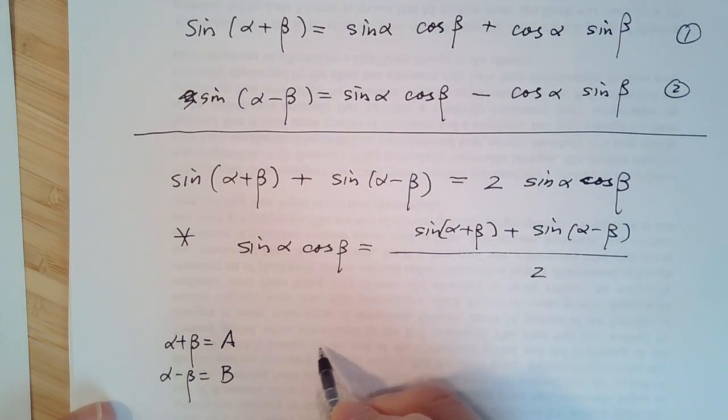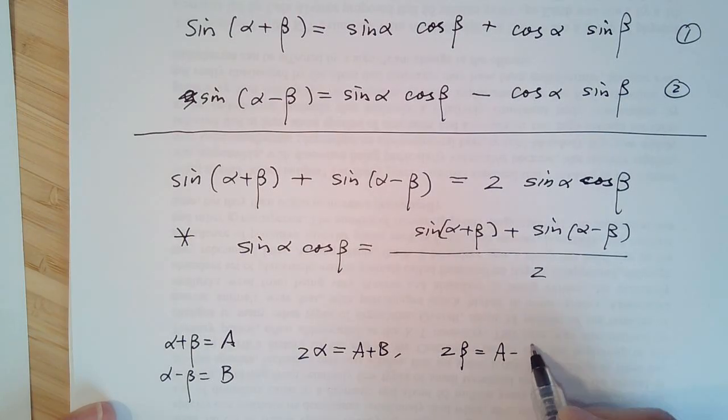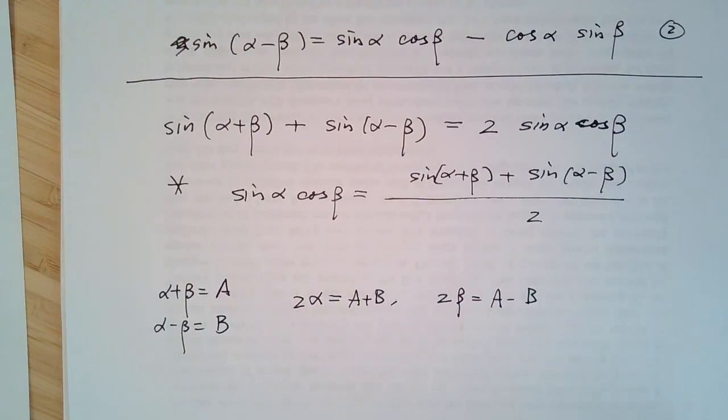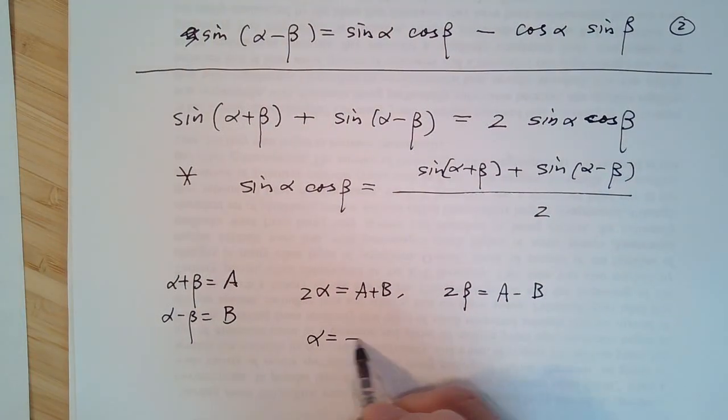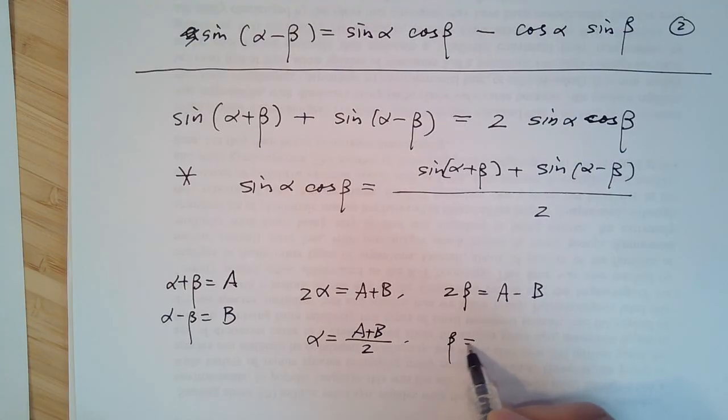So when I add this up, my 2 alpha equals A plus B, and my 2 beta equals A minus B. So the first equation minus the second. Therefore, my alpha is going to be half of A plus B, and my beta is half of A minus B.